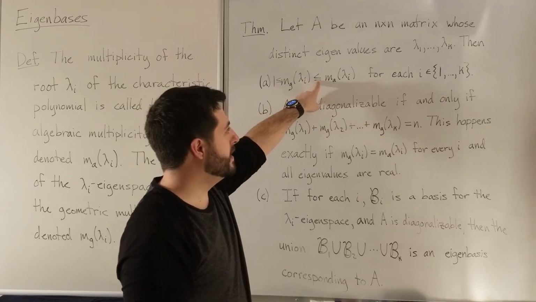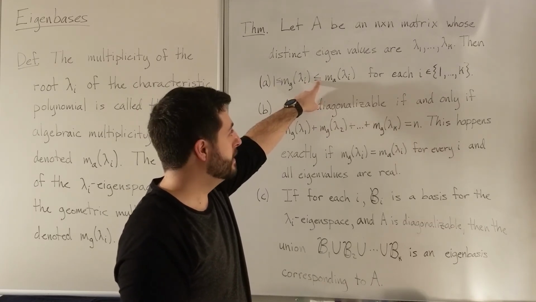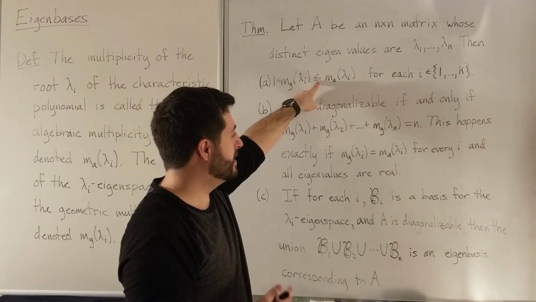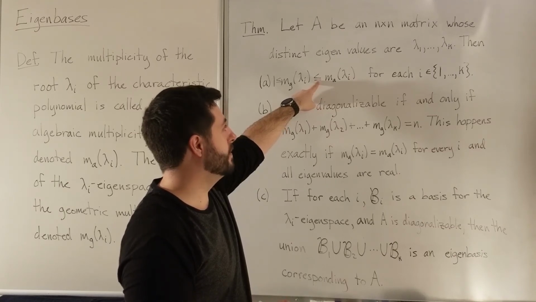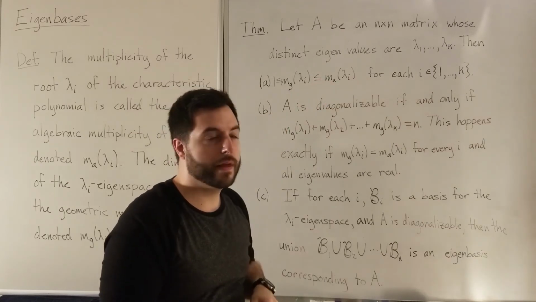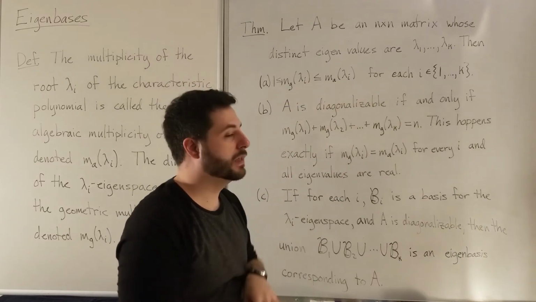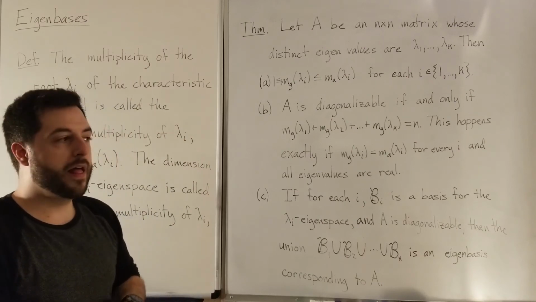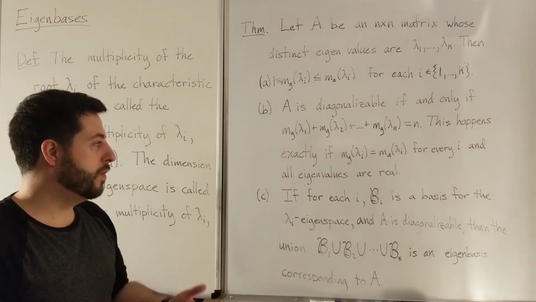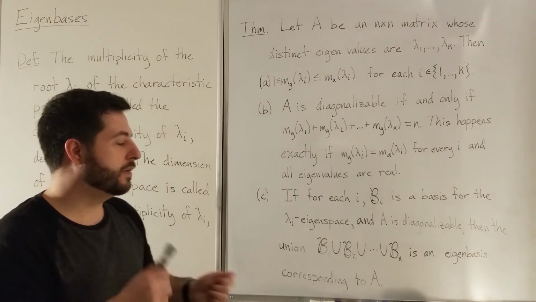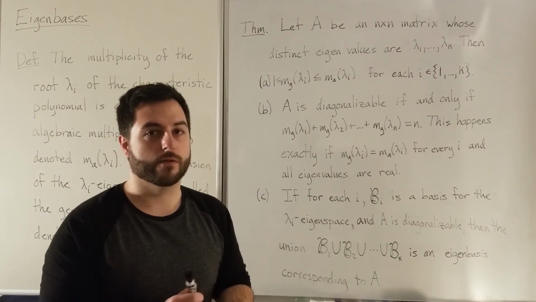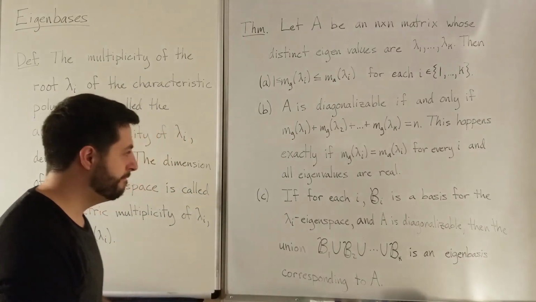If this is always equality for each of the i's, then that's exactly what it means for the matrix that we're talking about to be diagonalizable. If any of the geometric multiplicities is smaller than its corresponding algebraic multiplicity, that's when we have a problem and we won't be able to diagonalize because there won't be enough eigenvectors to form a full basis.